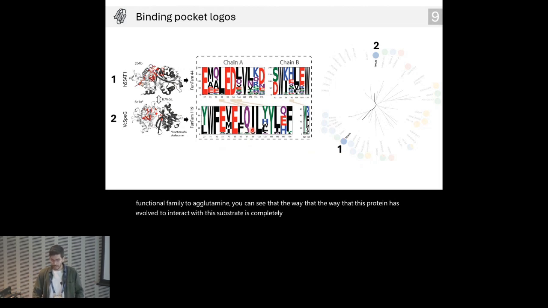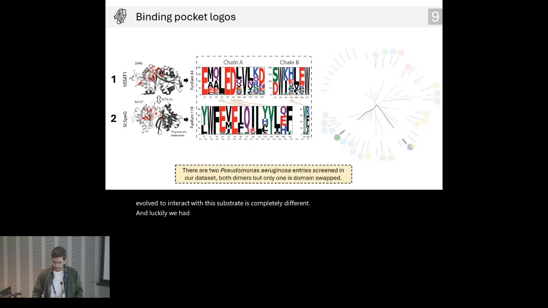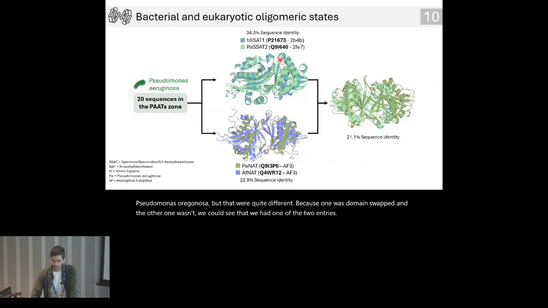Luckily, we had included 2 entries in our analysis that belong to the same species, Pseudomonas aeruginosa, but that were quite different because one was domain swapped and the other one wasn't. We could see that one of the 2 entries here at the top superimposes very well to the human domain swap dimer, while we have another one, also from Pseudomonas, that aligns pretty well to another eukaryotic entry.